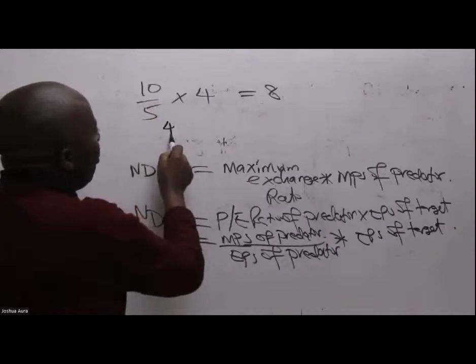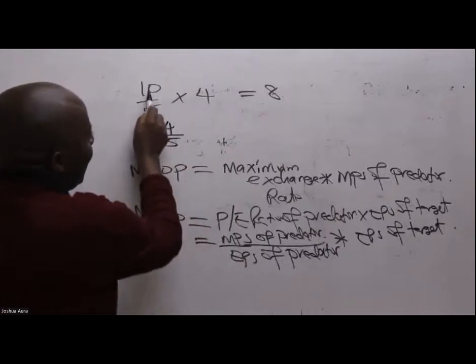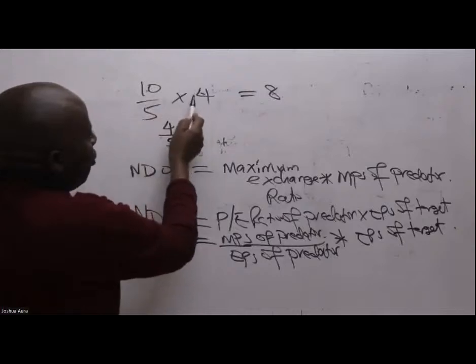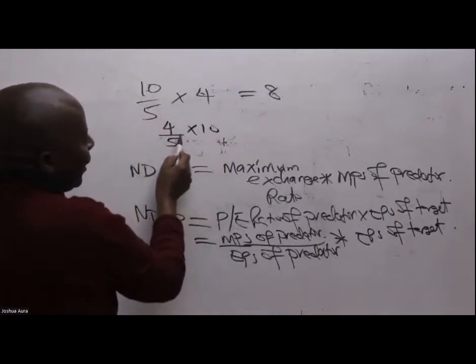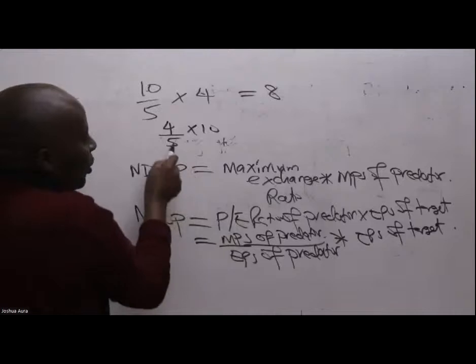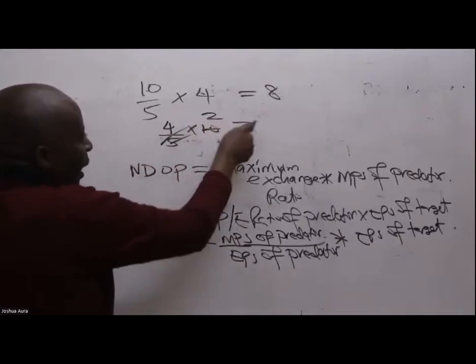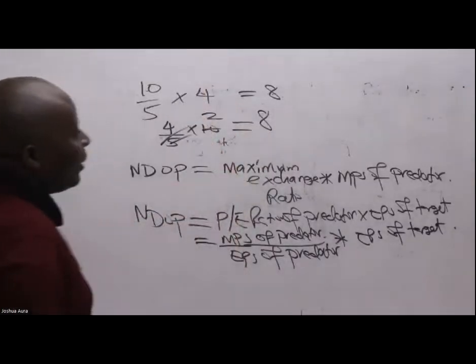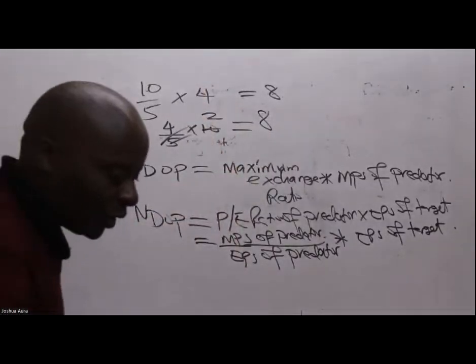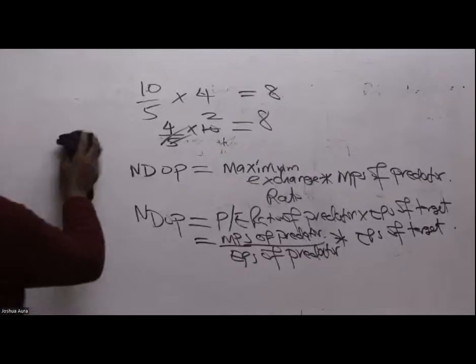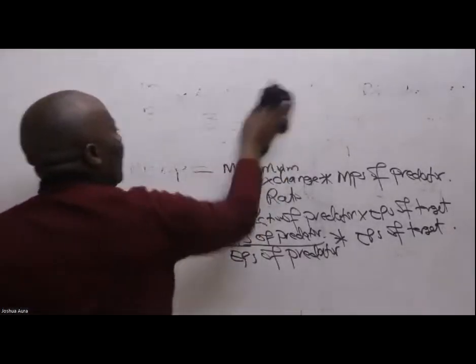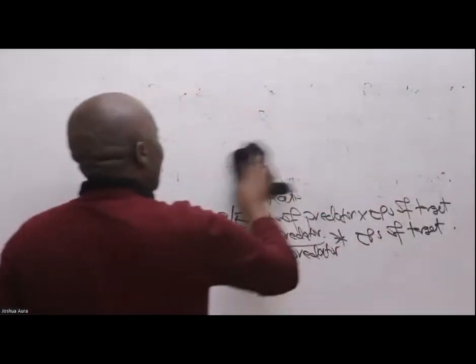It will be 4 over 5 times 10. This is still okay because in multiplication, I can still have this going here twice and still giving me 8. This is very correct in terms of algebra.